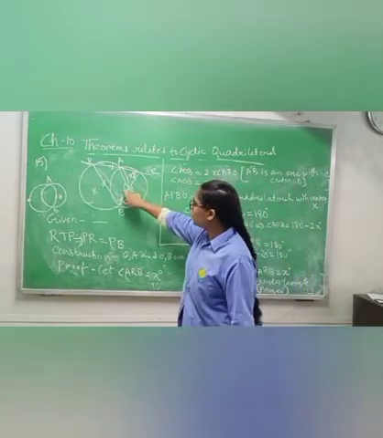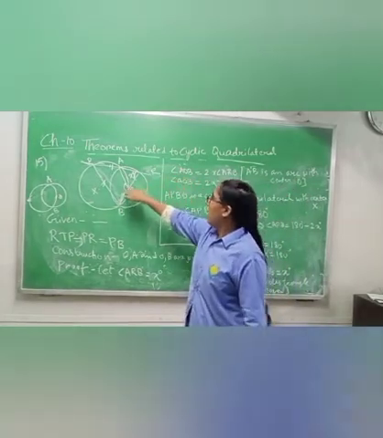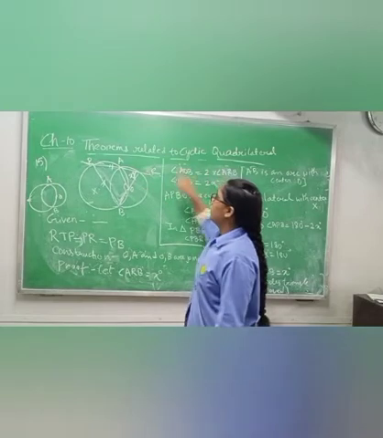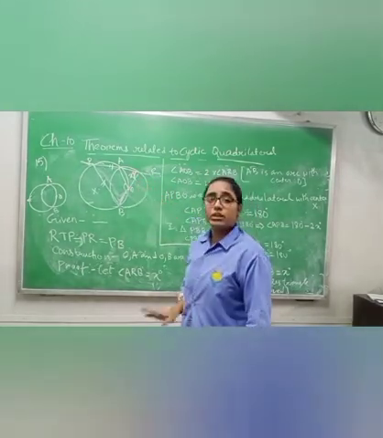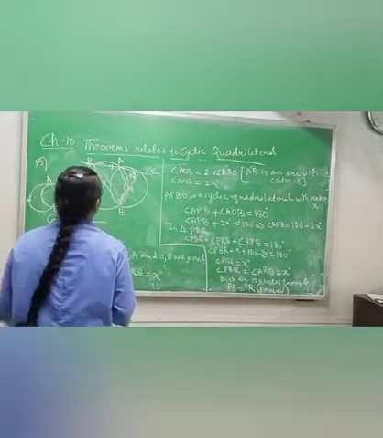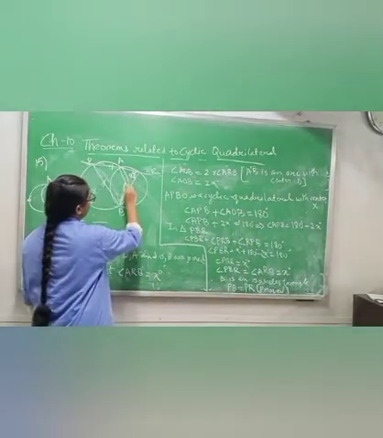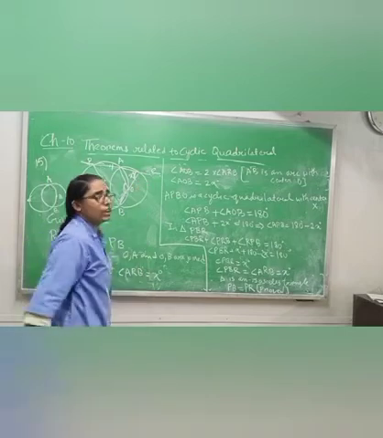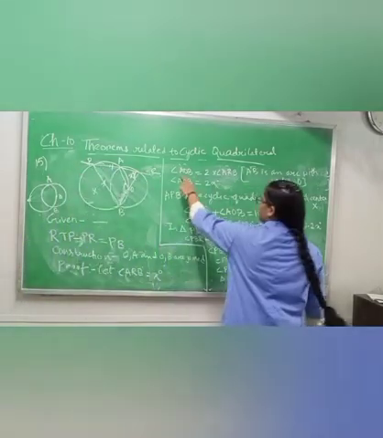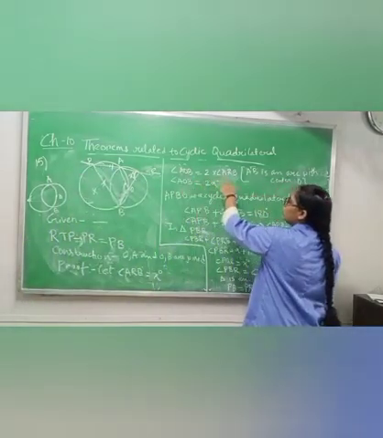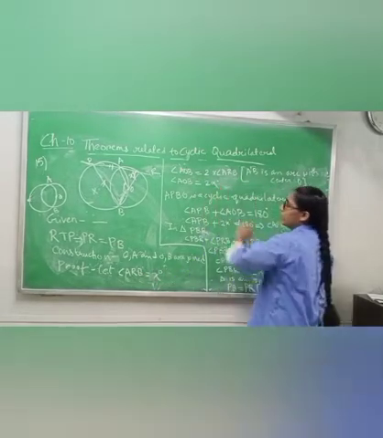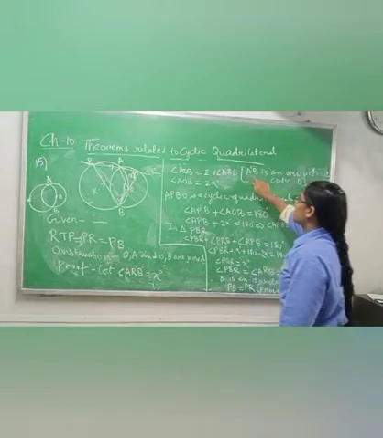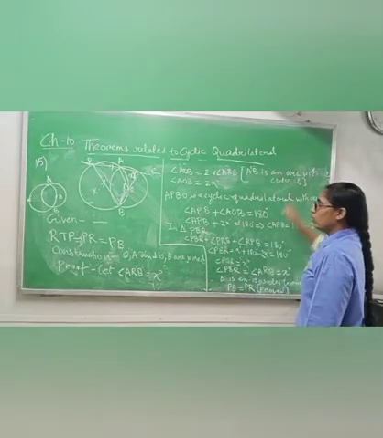AOB is the angle at the center and ARB is the angle on the circle. In place of ARB I can write x degrees because I have taken x degrees, and the reason is AB is an arc in center O.